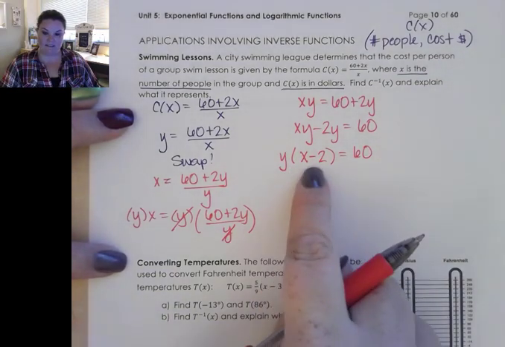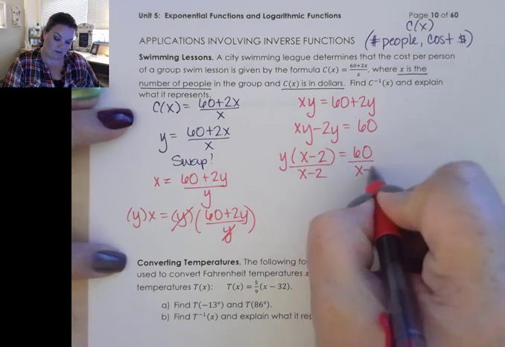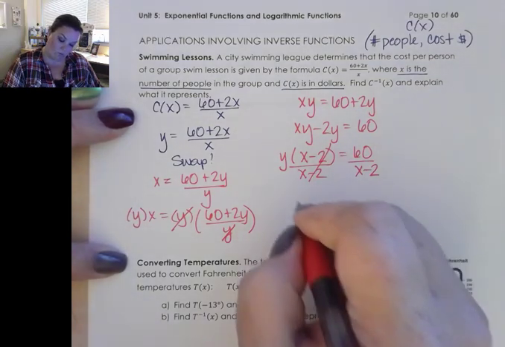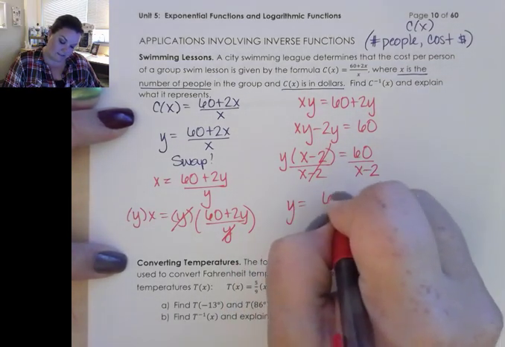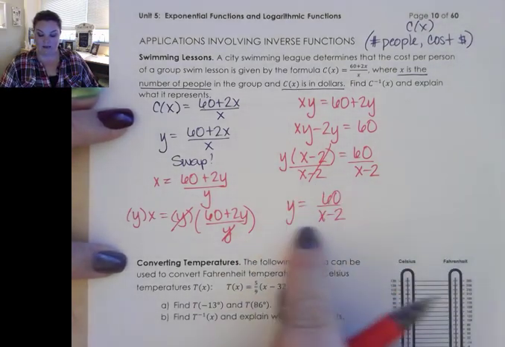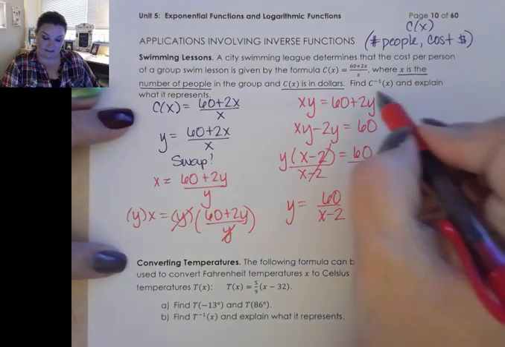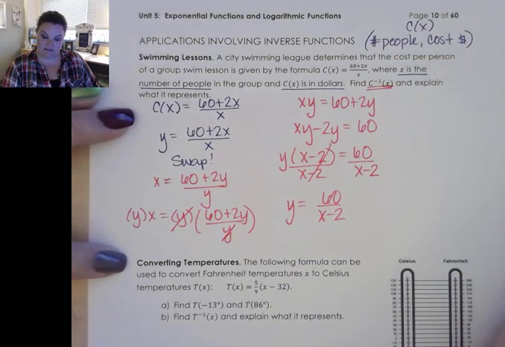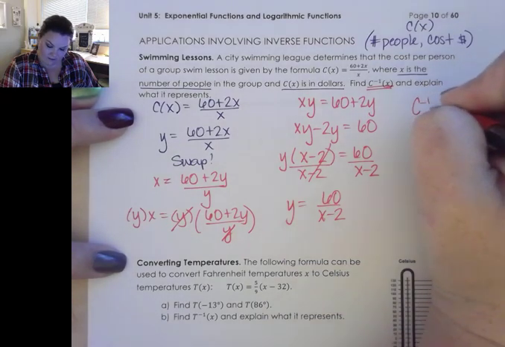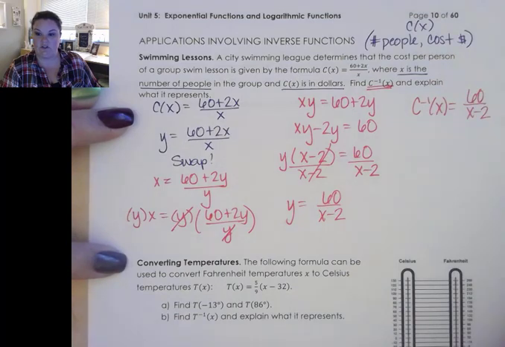And then to get y by itself, I just need to divide off this x minus 2 quantity. So I end up with y equals 60 over (x minus 2). And remember, this is my inverse function, so I need to label it with c inverse of x. So c inverse of x is equal to 60 over (x minus 2).